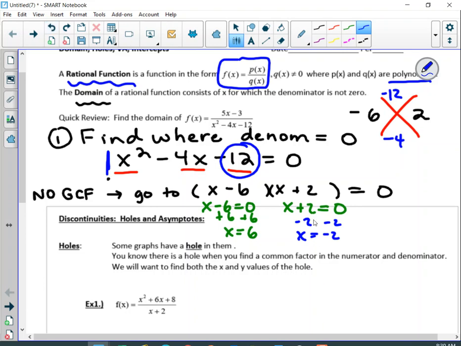Another mistake I saw some people make is when you build your factors, you're like, oh, -6 and 2. So then you use those as the zeros. The -6 and the 2 build the factors. So the zeros or the roots or the x-intercepts, like when we were doing our polynomials, have to be the +6 to make the x minus 6 factor equal to 0, and -2 to make the x plus 2 factor equal 0.